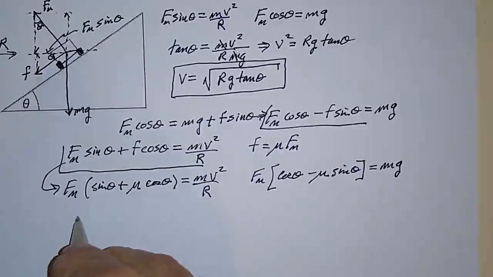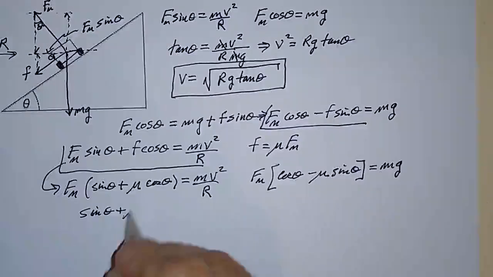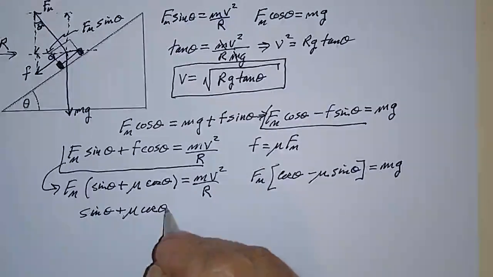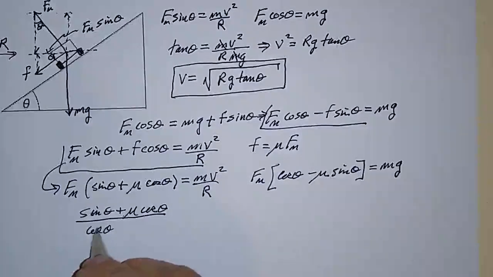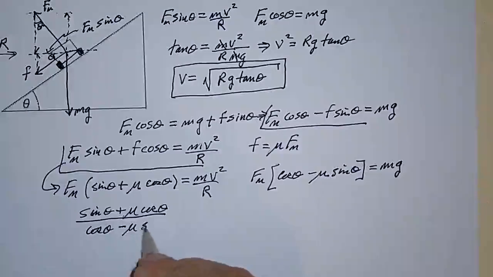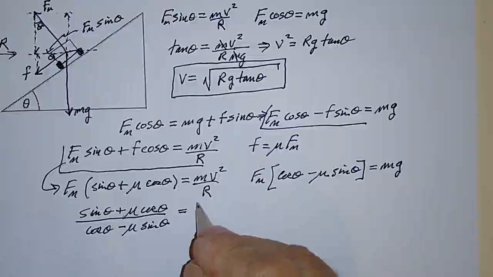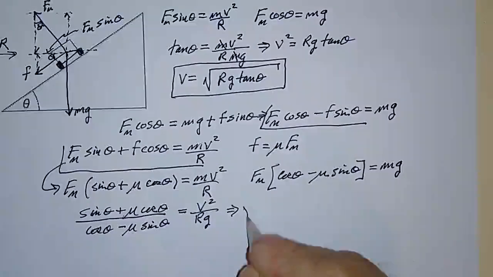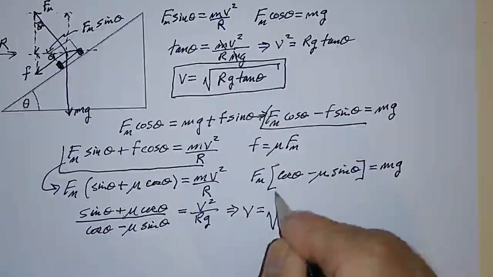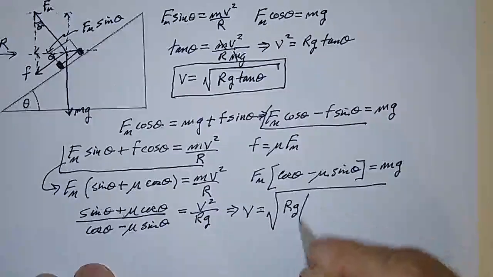So I have sine theta plus mu cosine theta divided by cosine theta minus mu sine theta is just equal to v squared over r times g. And that means then that v is equal to the square root of r times g times this thing over here.